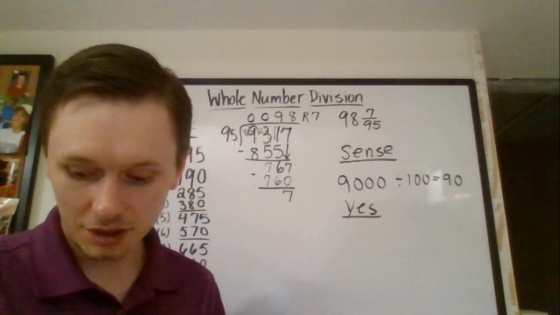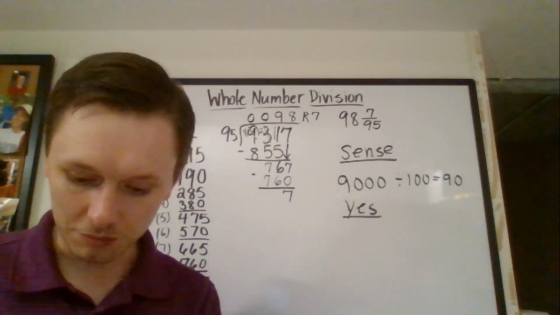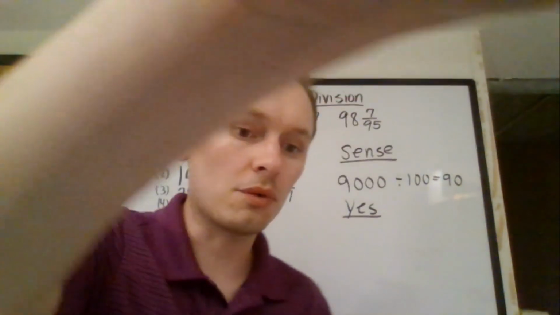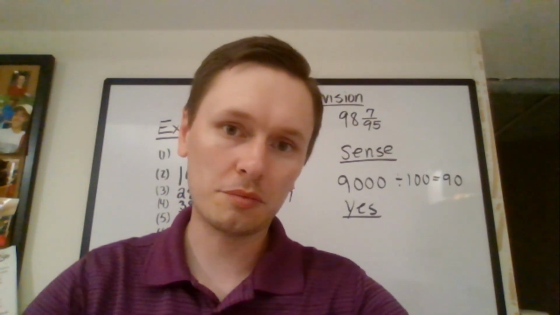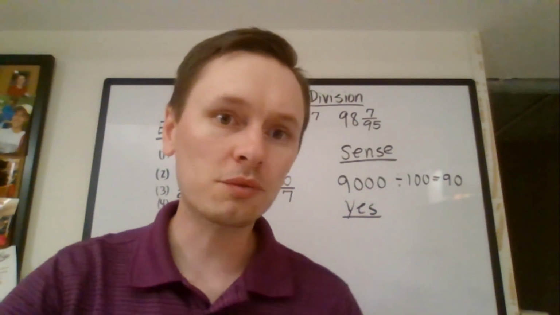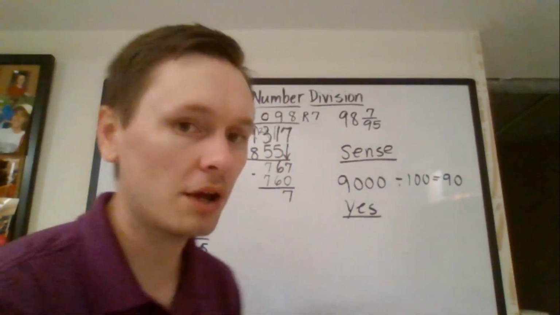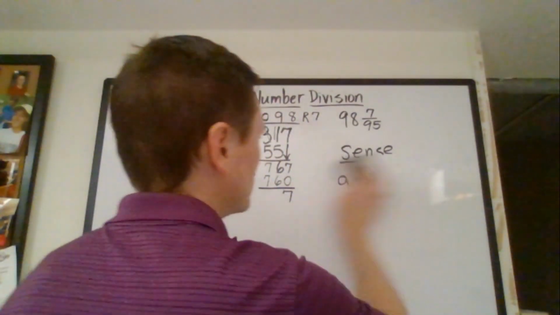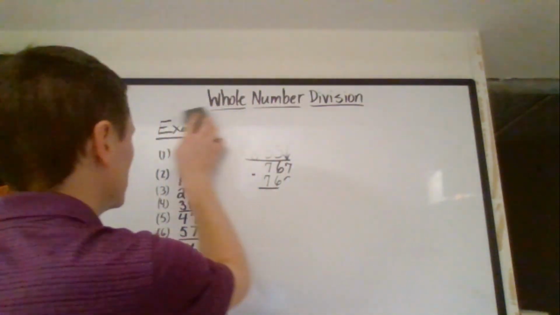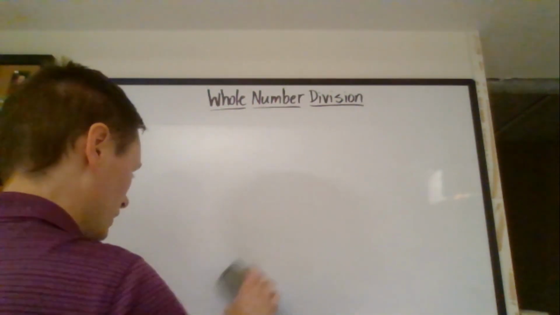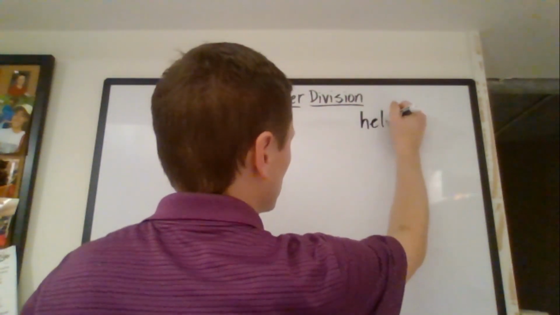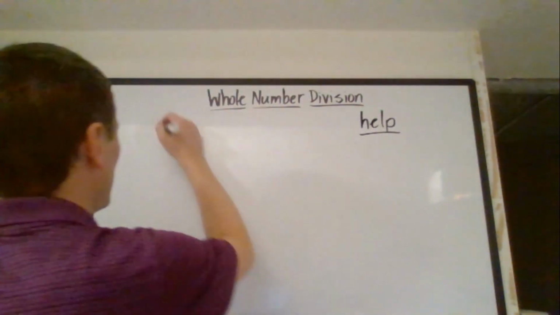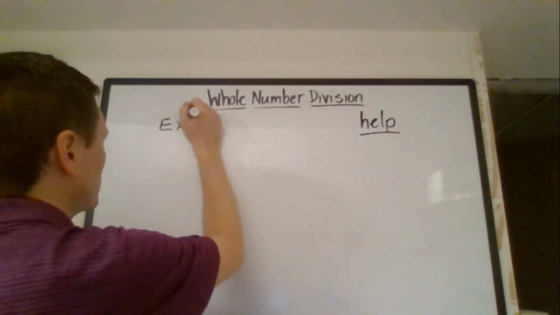Okay, let's look at example number 3. For this one, pardon my reach while I switch out papers here. So this one, we're going to use an acronym to help divide. So example 3.